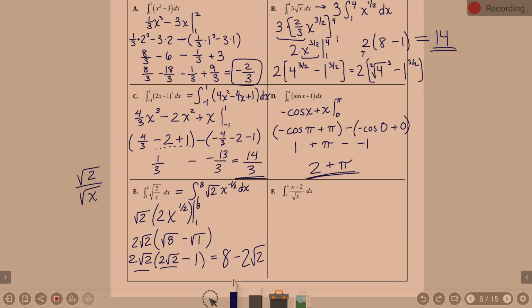Square root of 2 times square root of 2 is 2, times this 2 and this 2. So 2 cubed, which is 8. And if you distribute 2 square root of 2 times minus 1, you end up with 8 minus 2 square root of 2. Wow. Okay, nice, not bad.